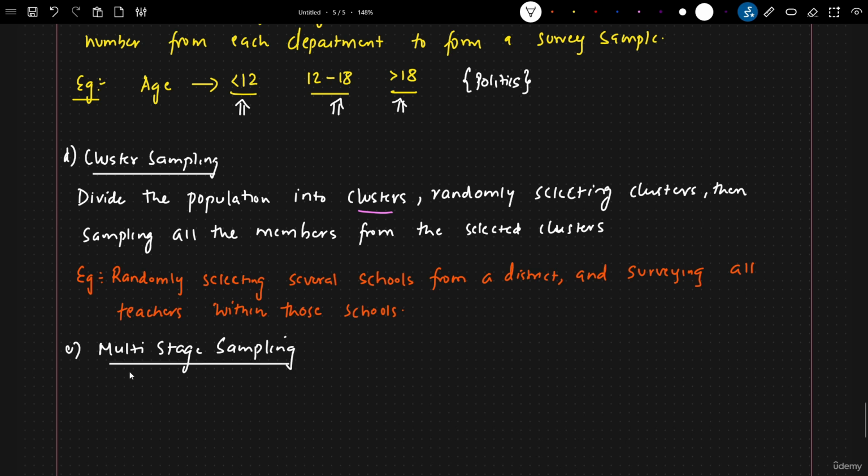Now, what exactly is multi-stage sampling? So here we combine several sampling methods.